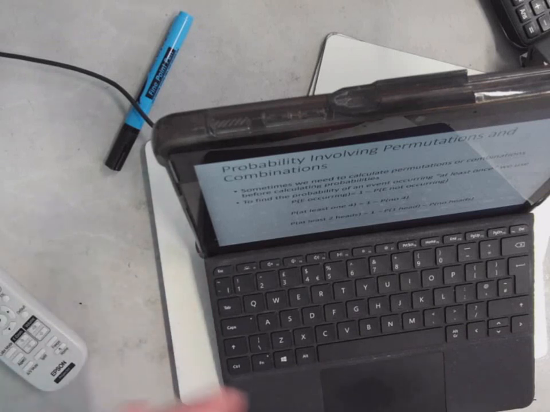You still get the same answer the long way, but it's shorter. The probability of at least one 4 is 1 take away the probability of no 4. The probability of at least 2 heads is 1 take away the probability of 1 head or no head, because there might be 10 throws, so it might be way longer.